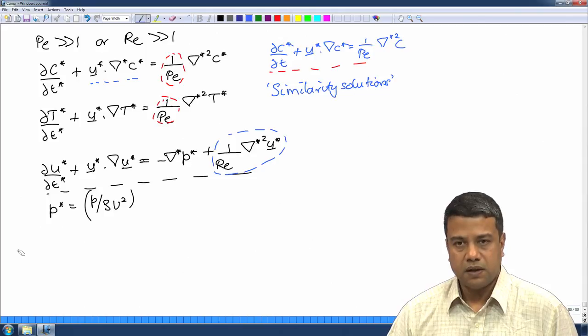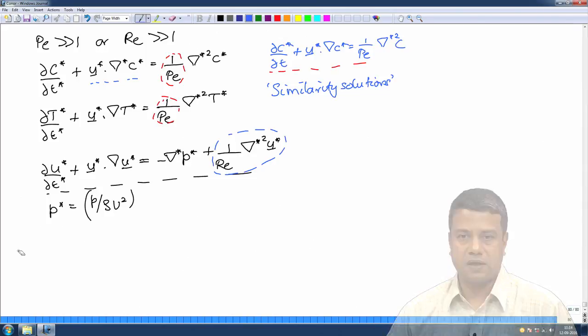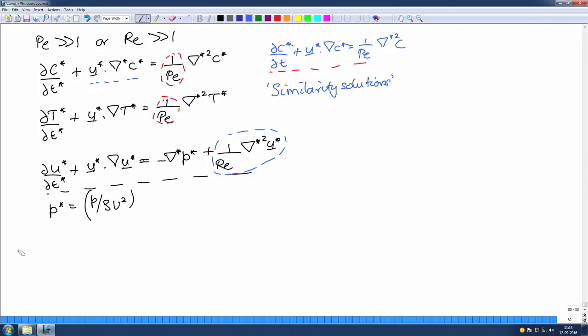In this course, I will deal exclusively with mass and heat transfer. I will in the next lecture start looking at diffusion dominated flows. Diffusion dominated transport, as I said, the Laplacian of the concentration or the temperature is equal to 0.